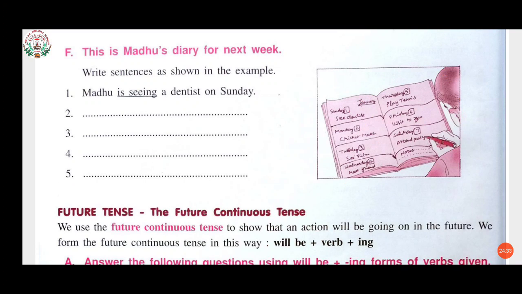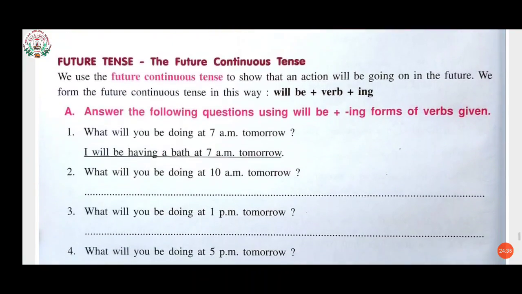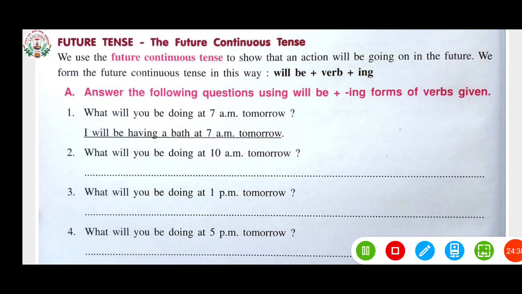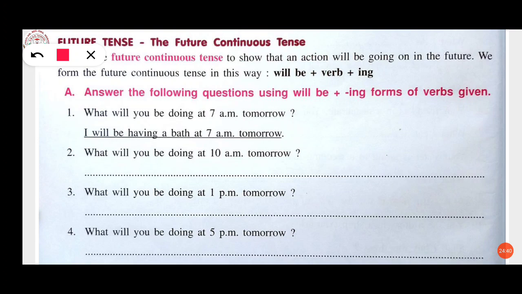Now students, come to the next one, that is future tense. Again the future continuous tense, and for that we have the rule, that is will be plus verb, and with that verb ing as in continuous tense, so we should not forget this, that we have to add verb and with that ing. So answer the following questions using will be plus ing forms of verbs given.